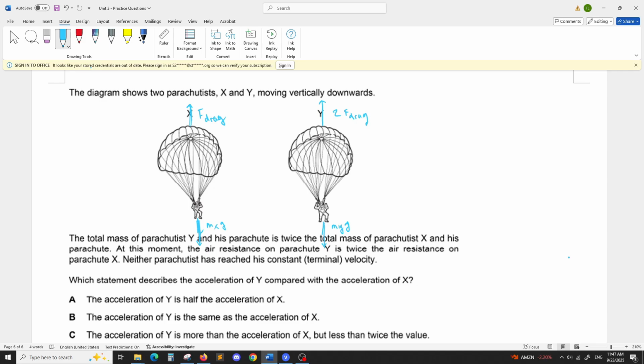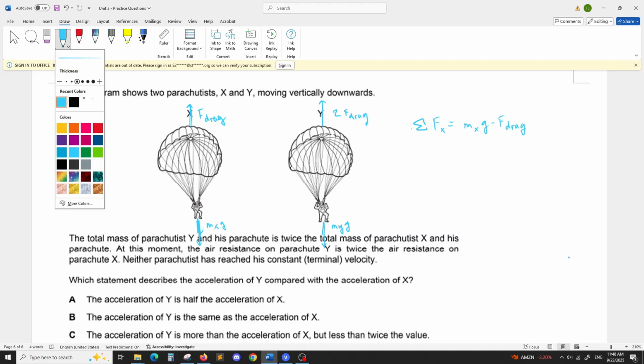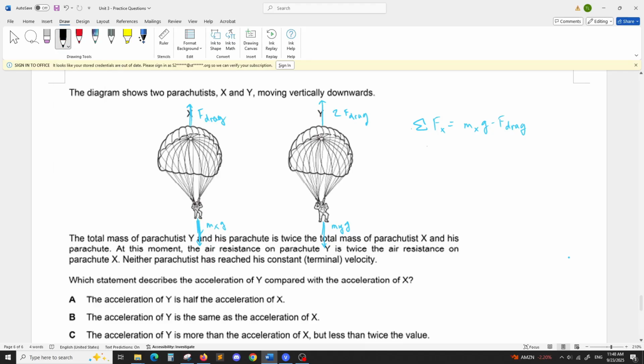So we can find the resultant forces for both of these. For the X parachutist, it's going to be mxg minus F drag. For parachutist Y, it's going to be myg minus 2 F drag.